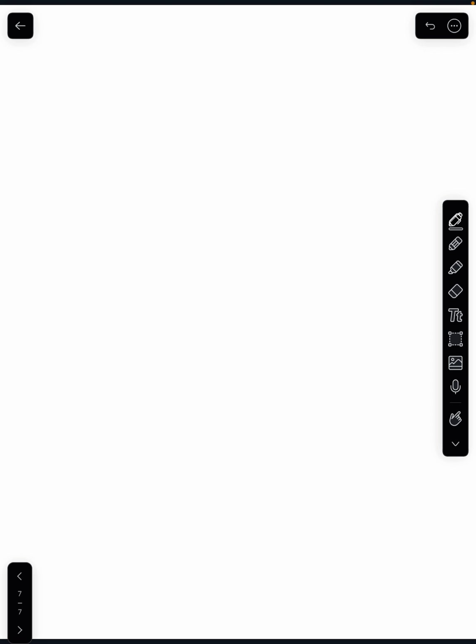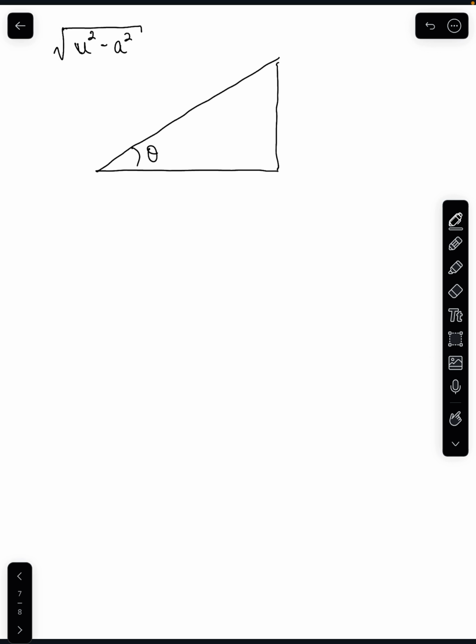The third possibility is that we have the variable term first and the constant term second with a subtraction. The square root of u squared minus a squared. In this case, the convention is to, again, in order to have a subtraction, the first term has to be the length of the hypotenuse.